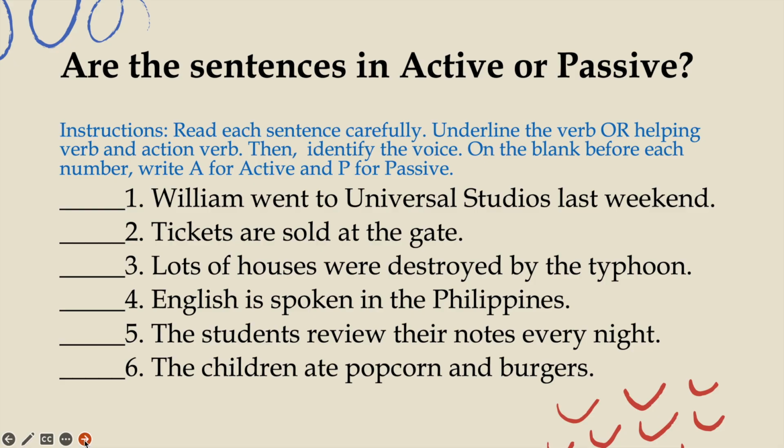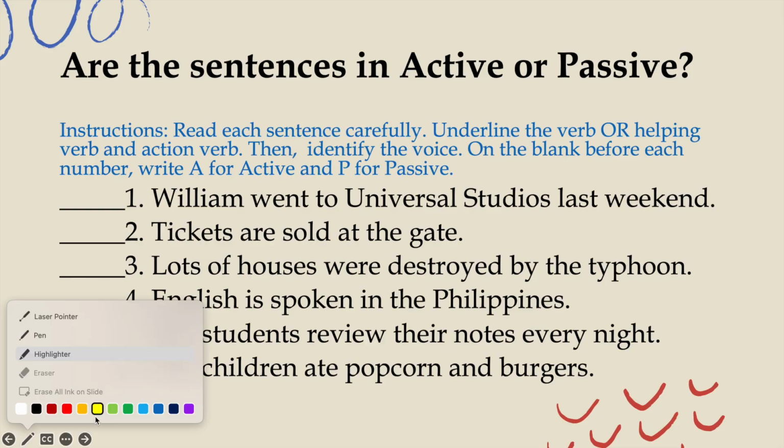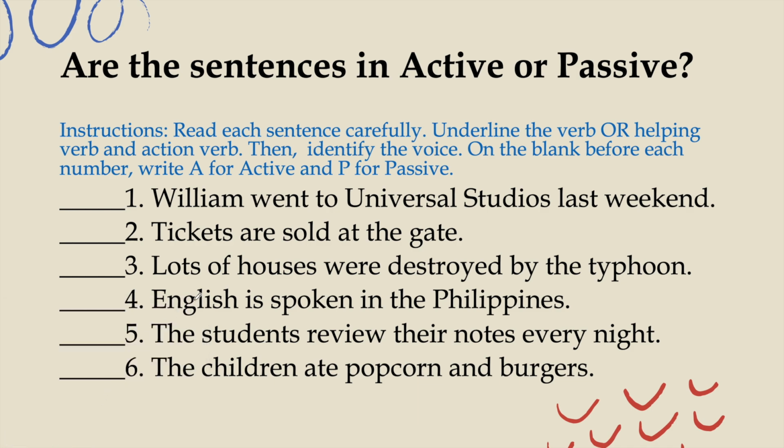Shall we move on to identifying the voice of the verb? The first one: William went to the Universal Studios last weekend. To help you out, Teacher Christine will highlight the verb or the verb phrase, but you identify whether the voice of the verb in the sentence is active or passive.